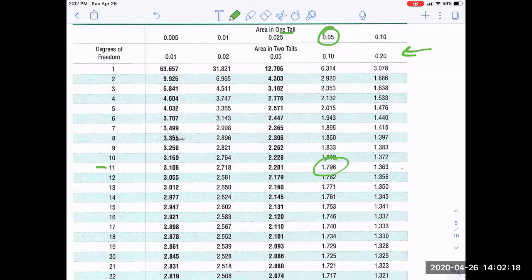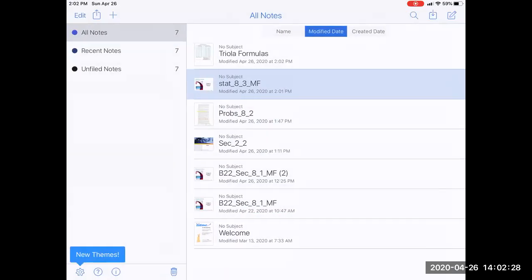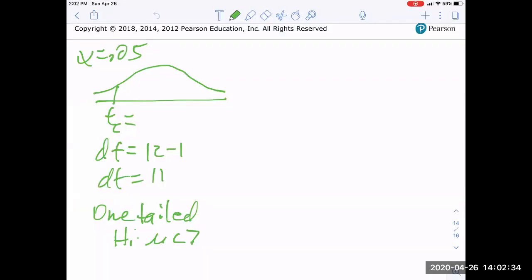So one-tail tests up here. If you got a two-tail test, this is fine. Let's go back. 1.796. Notice it's negative though, because it's a left tail. Remember, T is 0 in the middle, just like Z.